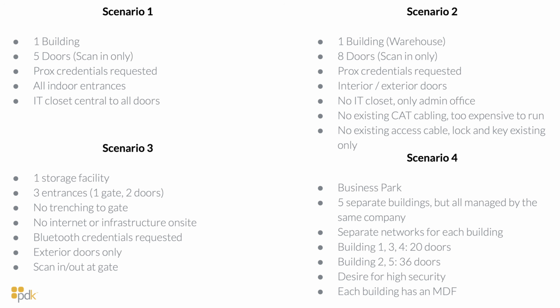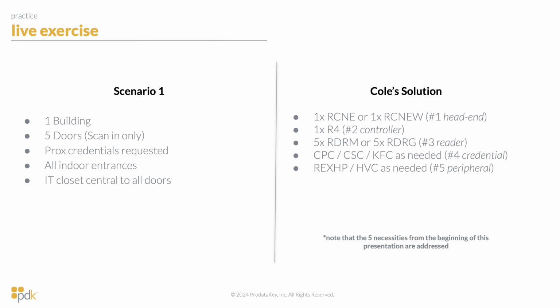All right. Let's move into scenario 1. So scenario 1, we have our head-end unit, the RCNE or the RCNEW. Both of those will suffice. We have one being Ethernet only and one being wireless.